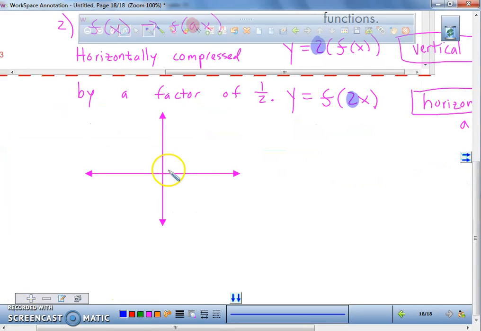The original function, if you have the absolute value, kind of looks like that. If you look at it on the graphing calculator, that's what it will look like. All right. The new one: if this is y equals the absolute value of x, this one would be y equals the absolute value of 2x.